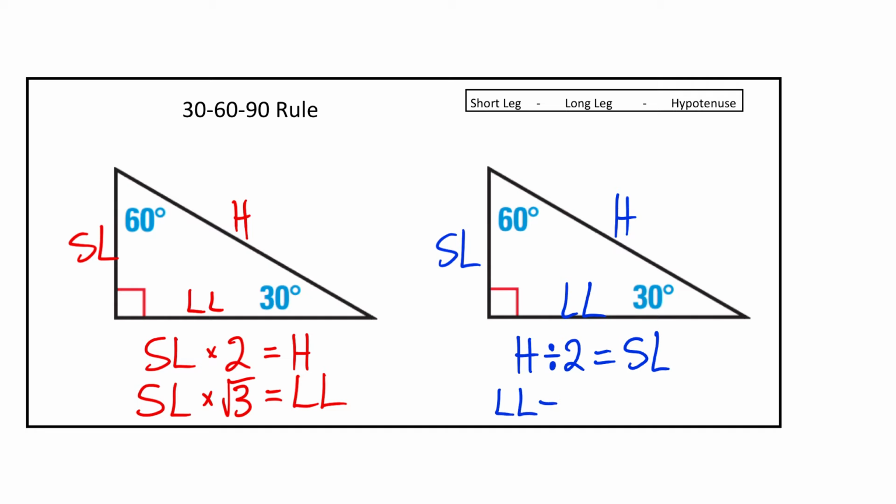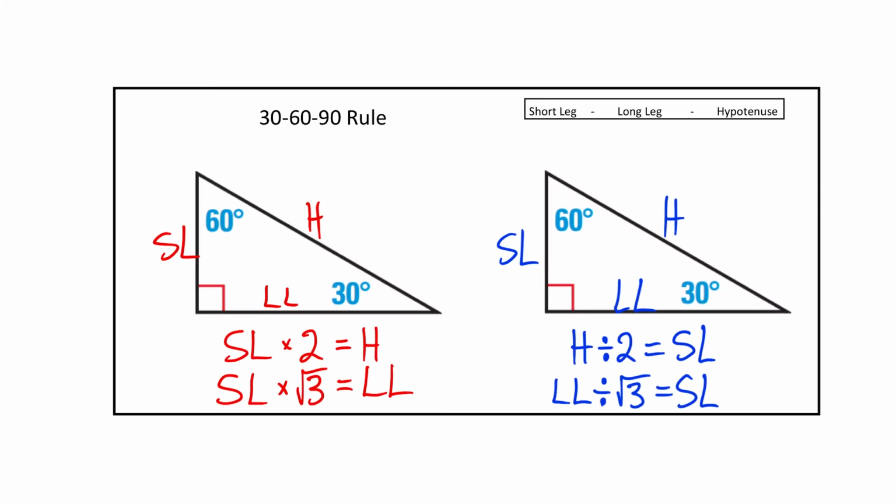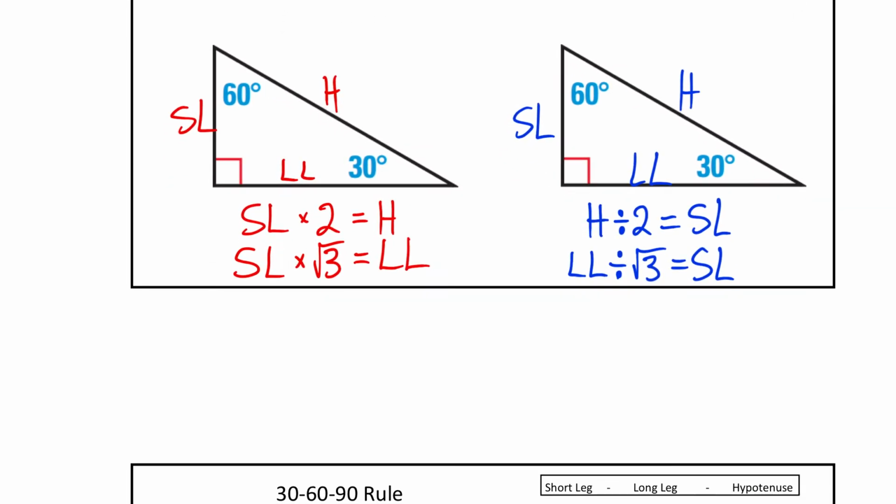And then if you have the long leg and divide that by the square root of 3, that's going to give you the short leg. So all we're going to do today basically is just apply those rules right there. That's all we're going to do, just apply those rules.